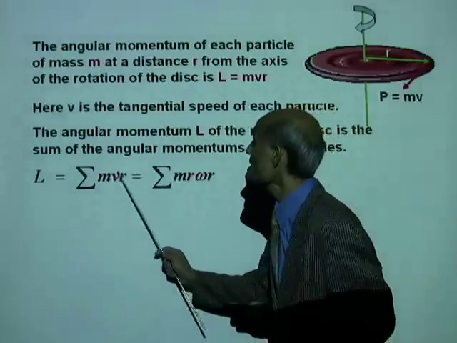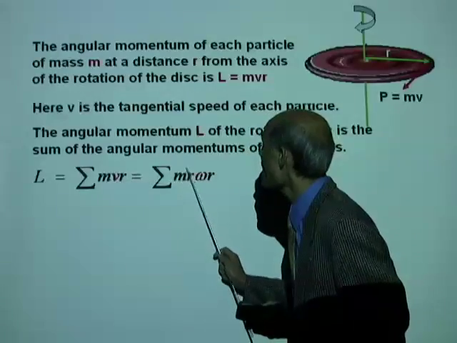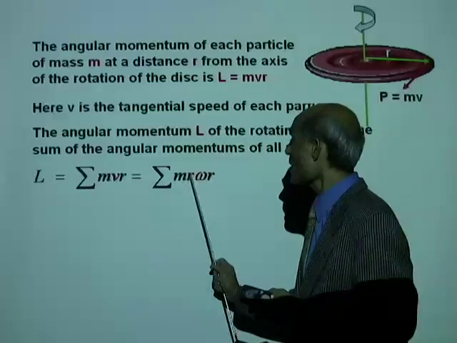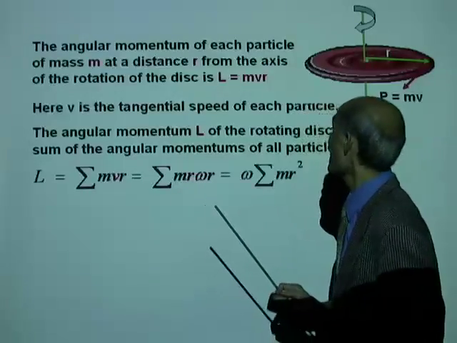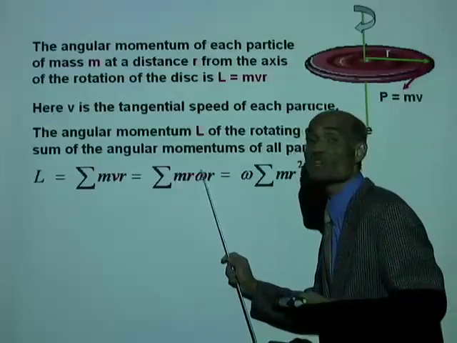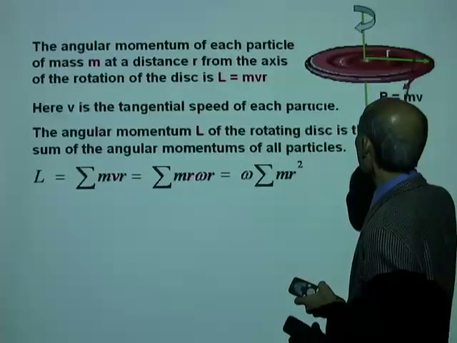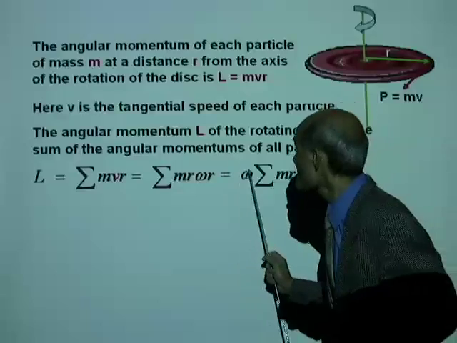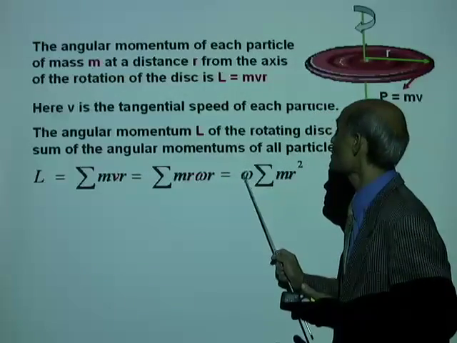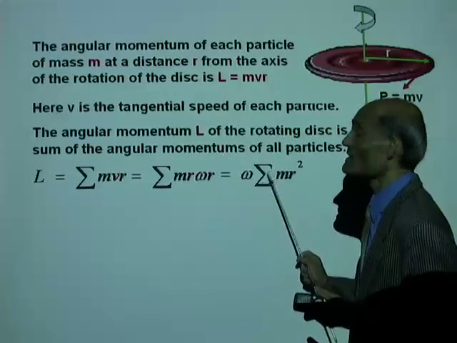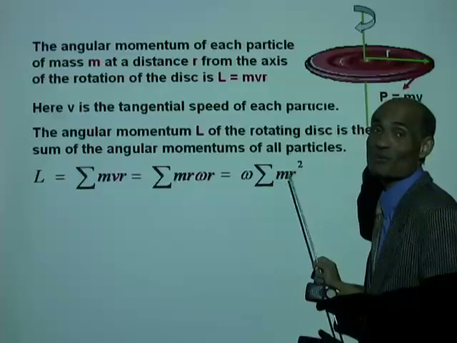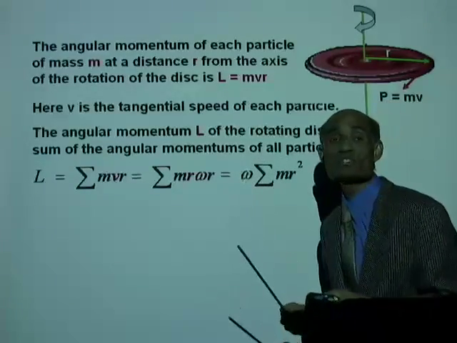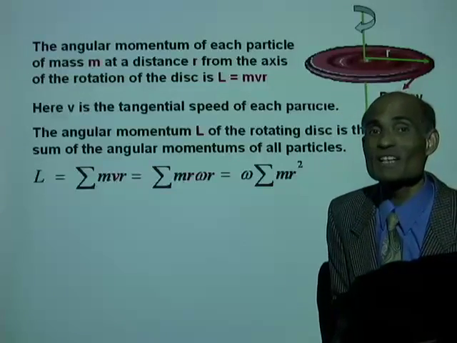So that will be summation m r omega times r, and r times r will be r squared, and omega is a constant for all particles on the disk. Omega is the same, so we take that omega out. That's equal to omega times summation m r squared. Well, now tell me, what does summation m r squared give you?